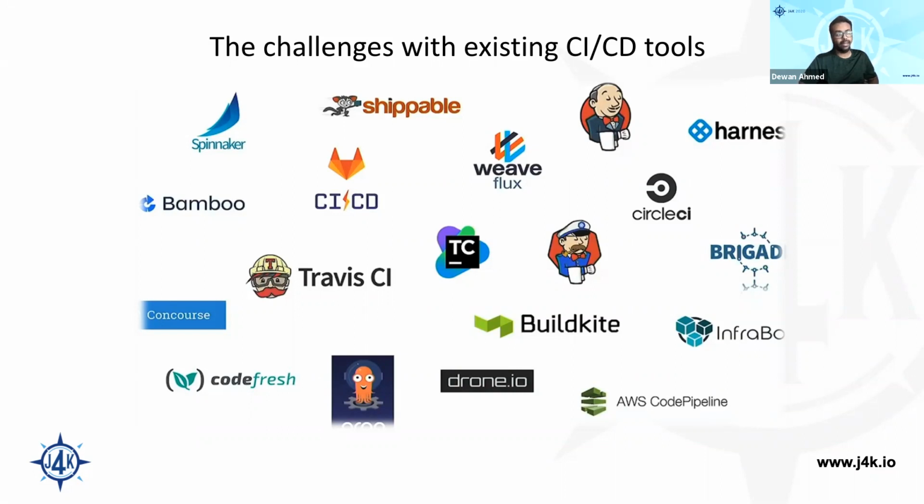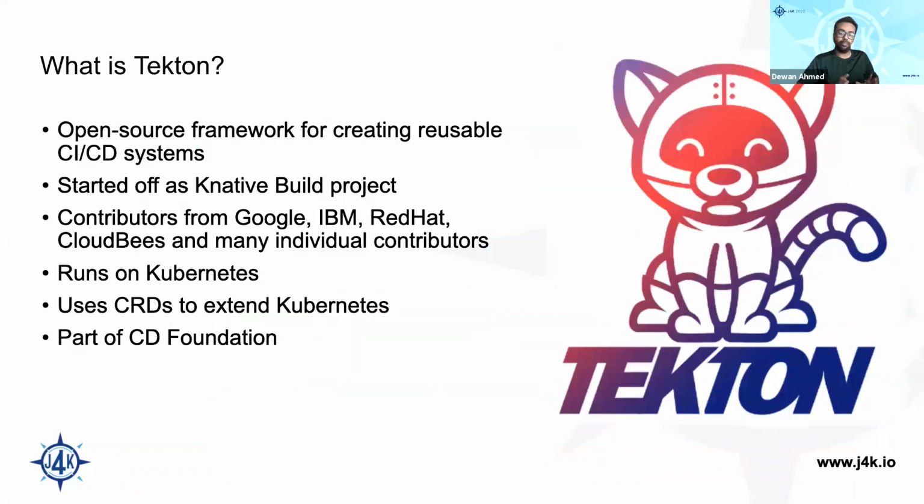And that's where the K8s build project actually was spun off as a separate project and called Tekton. So this originally started at Google, but then companies like IBM, Red Hat, CloudBees, and a number of individual contributors came forward and worked on this open source project.